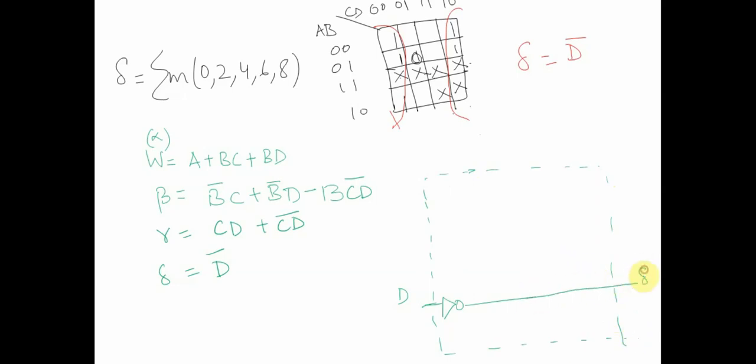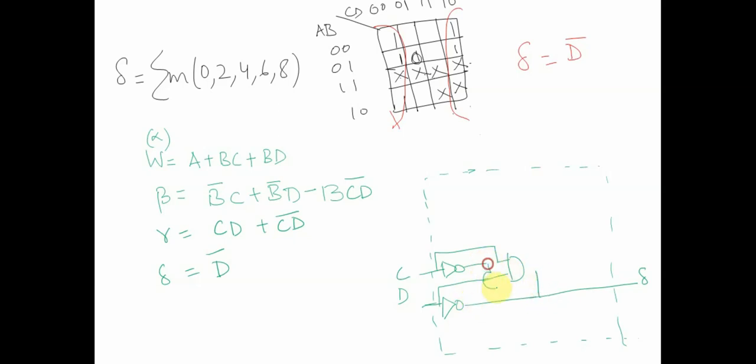This is my delta. My gamma is nothing but, let's assume this is C. This is C bar. So basically my gamma would be C into D plus C bar into D bar.